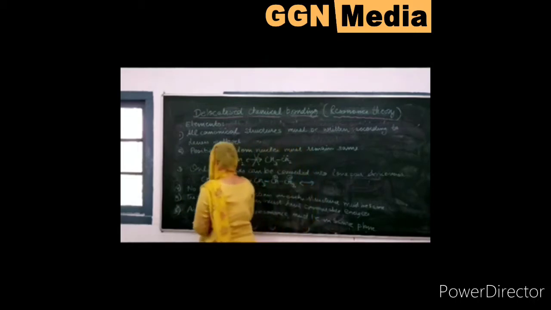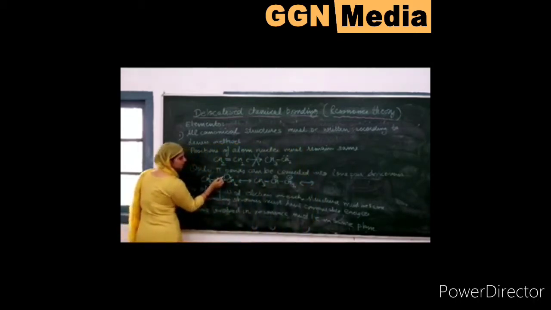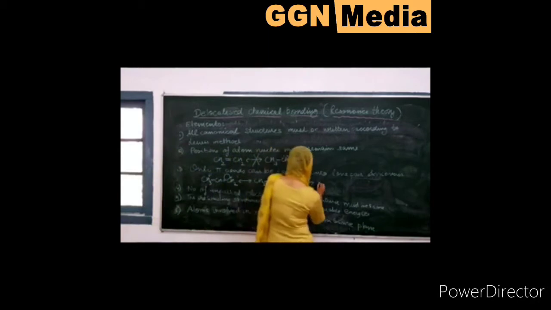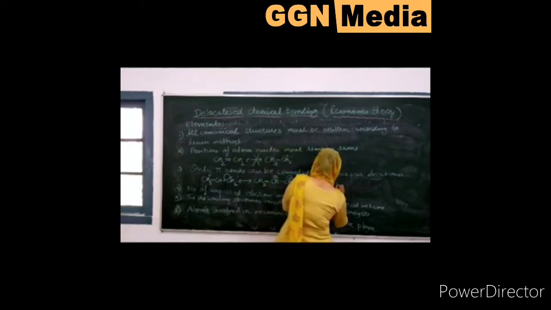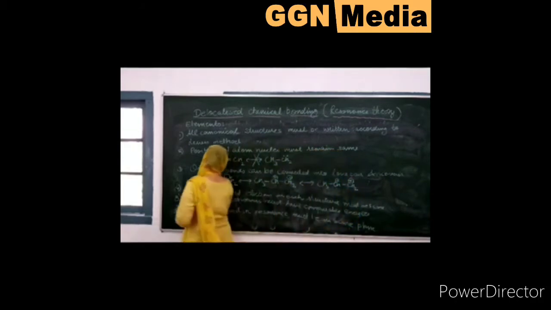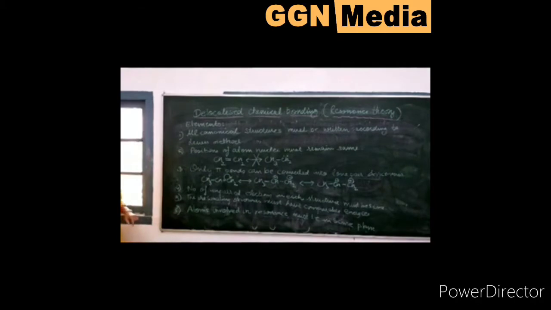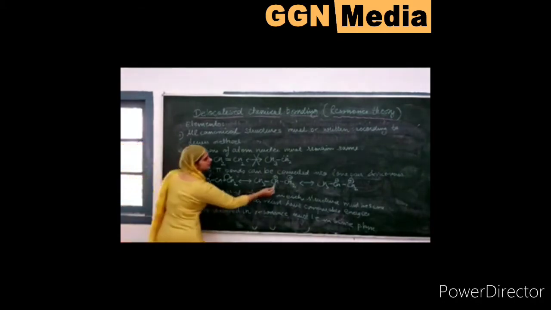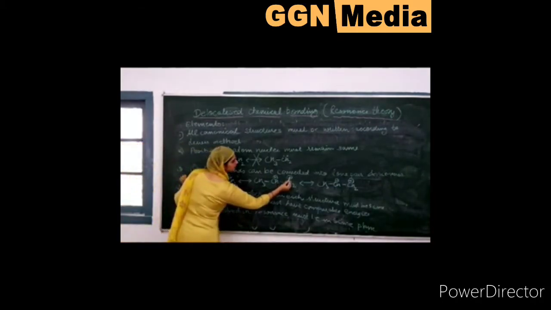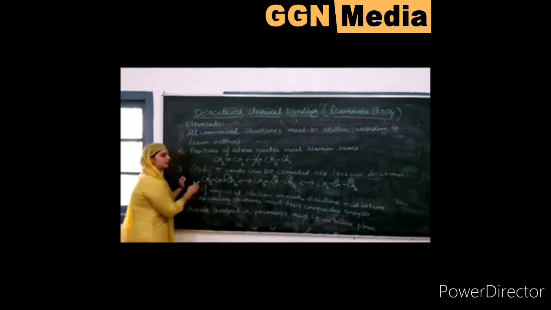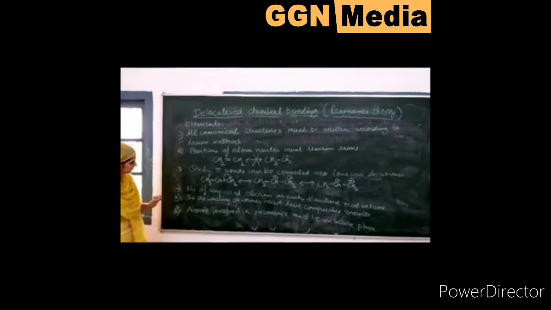Or I can change the direction from here to here in this case. Or we can say that this lone pair can be converted into a pi bond from this structure.